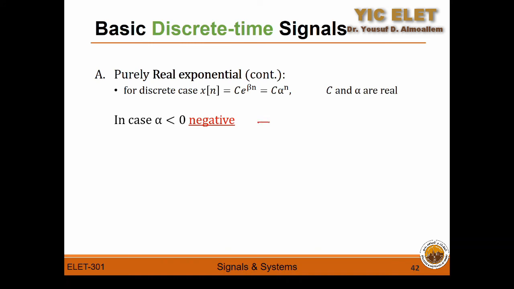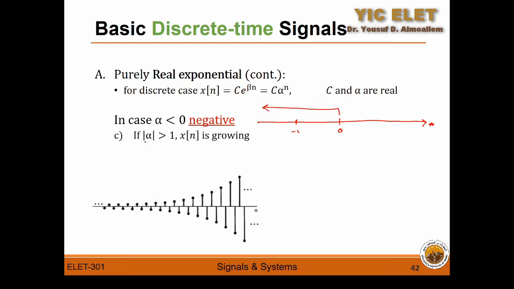So in the case of negative alpha, let's draw the real axis. This is the 0 point, and this is minus 1, and we're now talking about the left side. In case C, if the absolute value of alpha is greater than 1, meaning less than minus 1, then it will be growing.